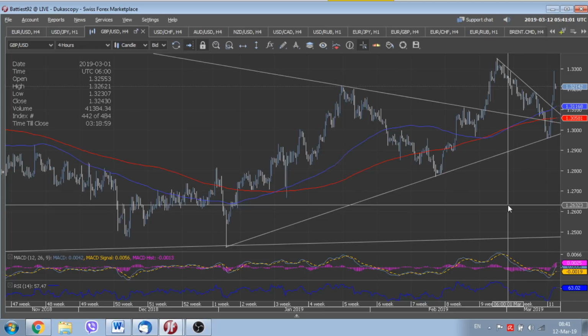At the moment the pair is trading around 132.14.